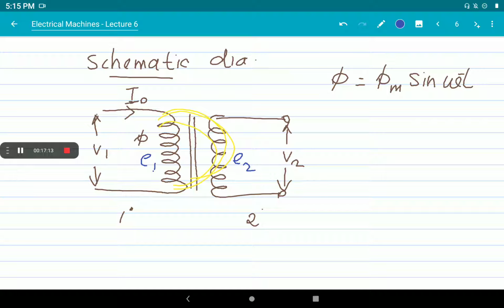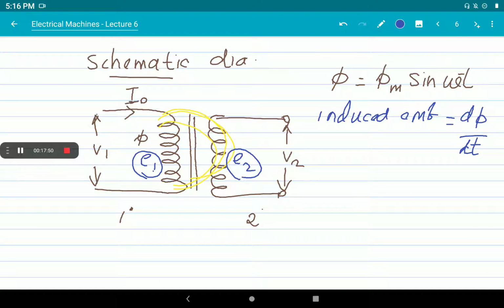Whenever there is a rate of change of flux in a winding, it will produce an induced EMF in the winding. So the induced EMF in the primary winding is equal to the rate of change of flux, d phi by dt.